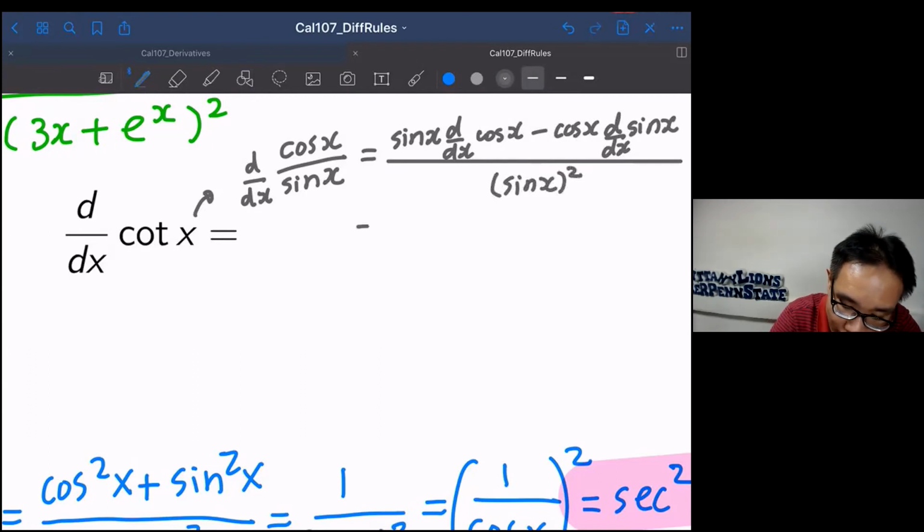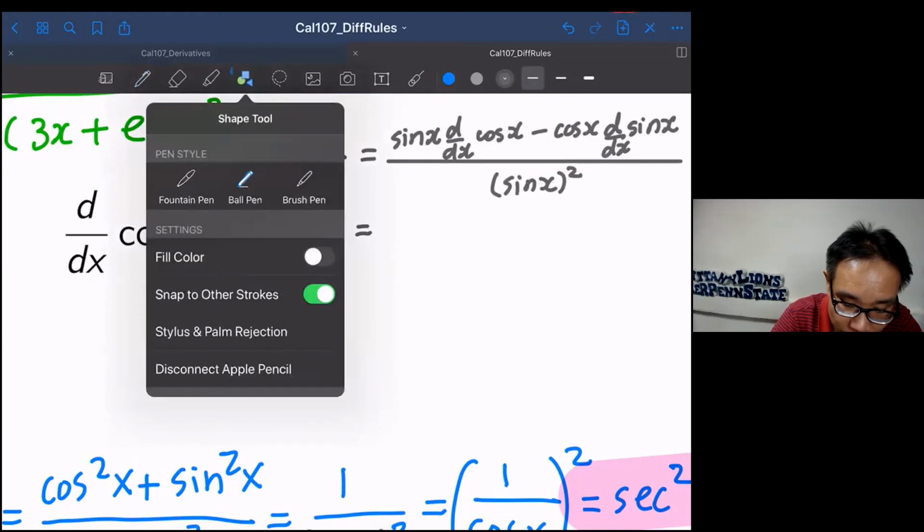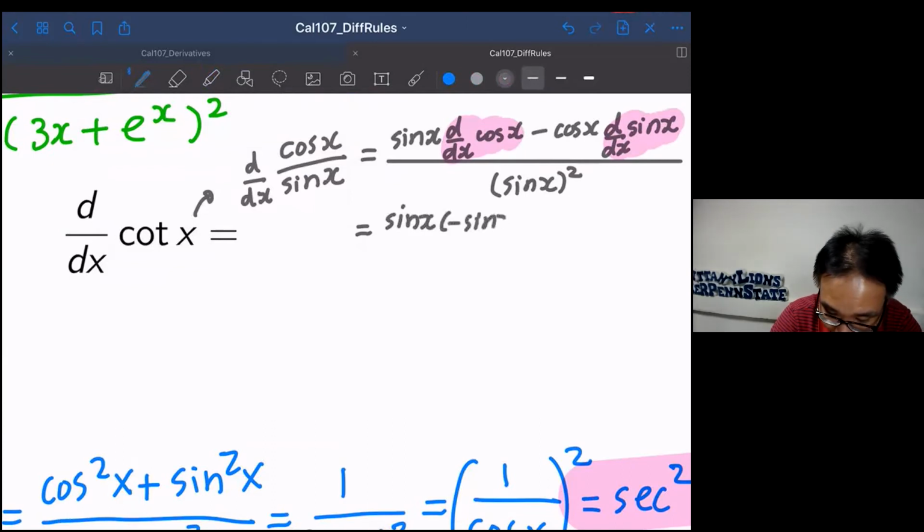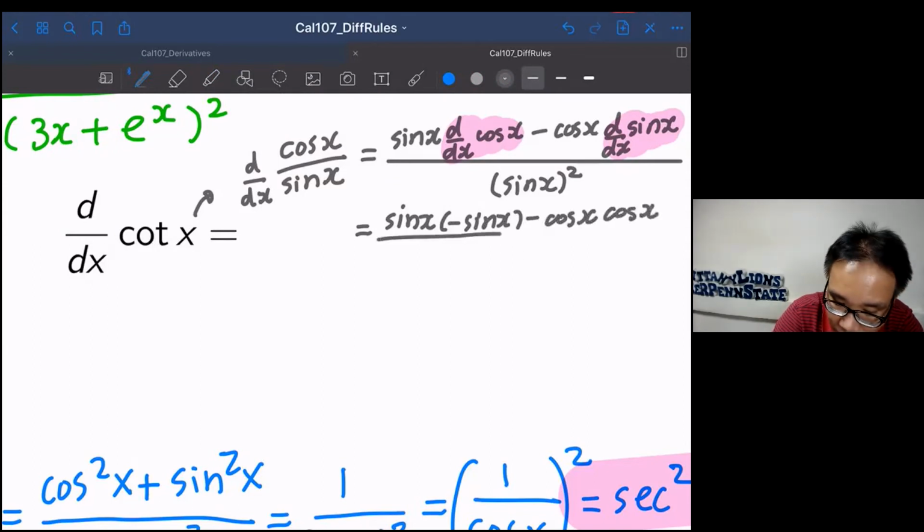And you need to differentiate two terms here. So in this case, sine x, and the derivative of cos is negative sine x. And you have cos x, the derivative of sine gives cos x, over sine x squared.